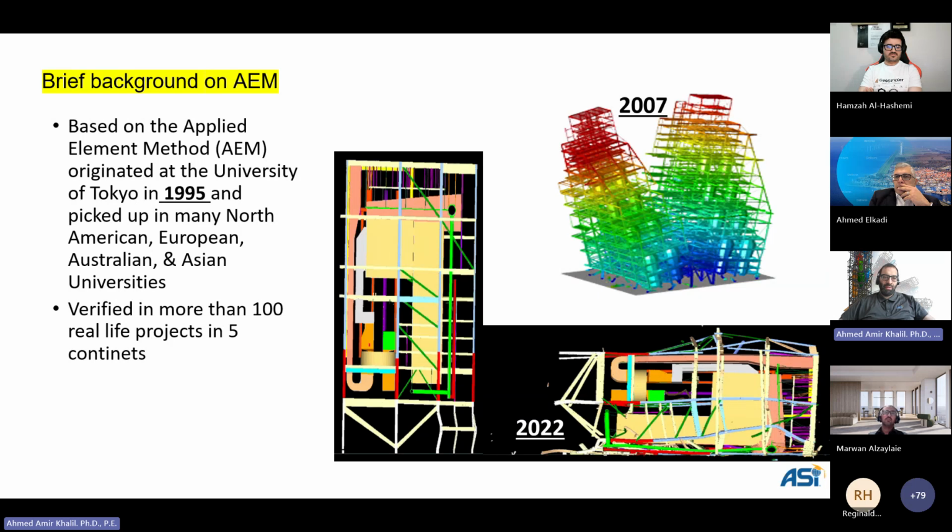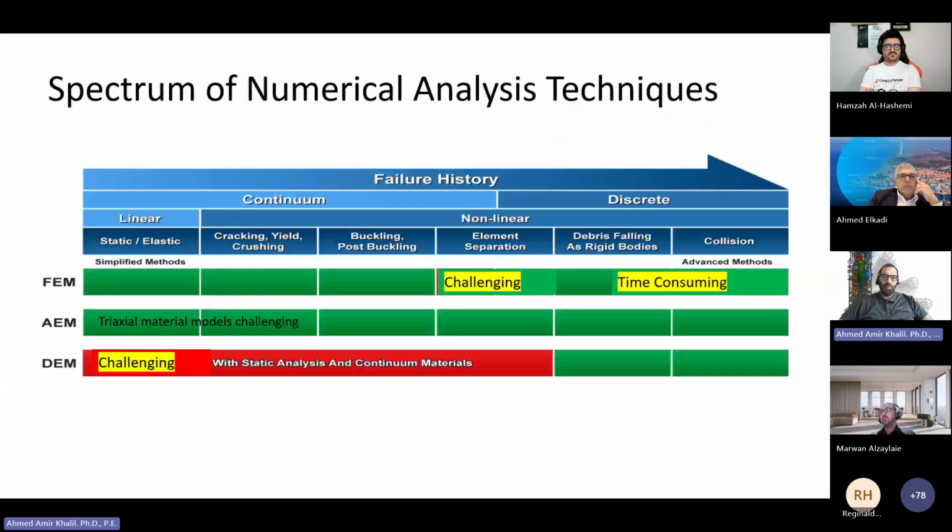But then this method was verified in hundreds of real-life projects studying the collapse of structures. We started with preventing the collapse of structures, but over the years, my company, called ASI, studied the intended collapse of a lot of structures in the demolition industry.